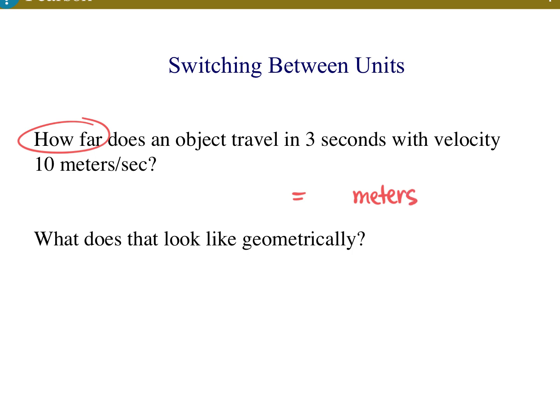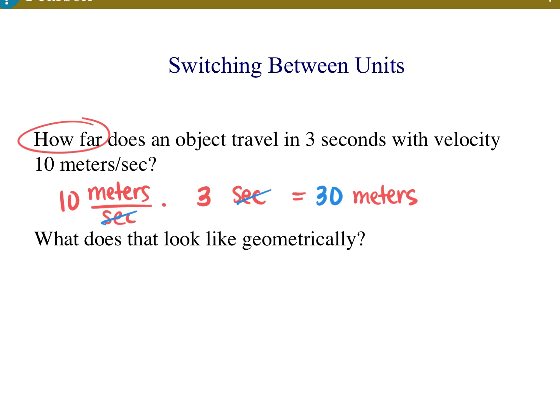In order to get there, we take what we've got, which is a meters per second value, and we need to multiply that by a seconds value. That way the units work out to what we want. So we take the numbers, 10 meters per second over the time interval of 3 seconds. The units reduce, and I'm left with my units of meters, and then my answer as 30.